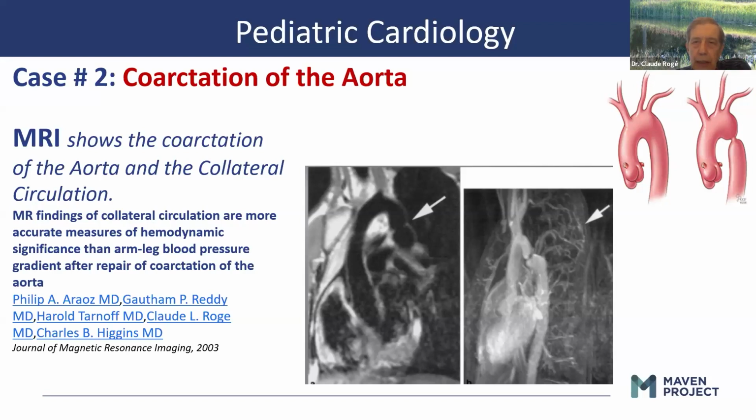If it is going to be in the cath lab, it's good to know how many collaterals there are. So, in other cases, good, but it's not mandatory. But you can see here with the MRI the very narrow area of the coarct, and you can see the collaterals.